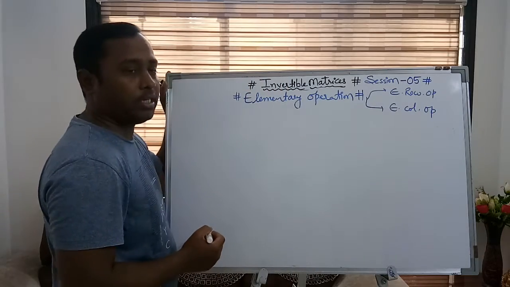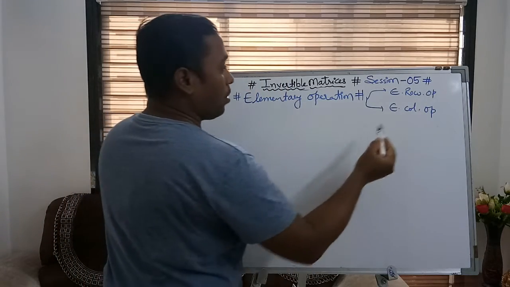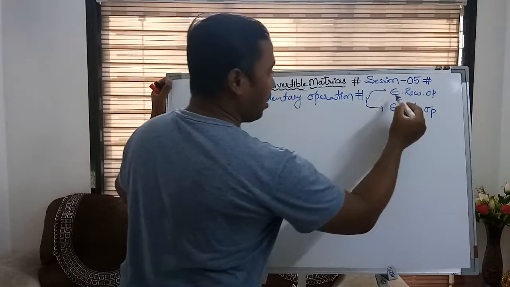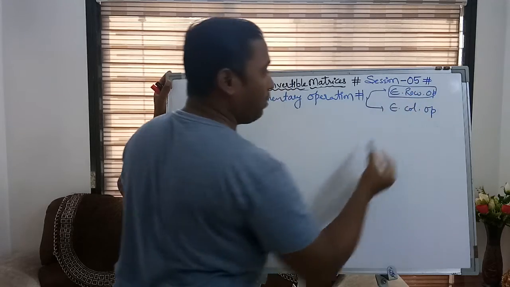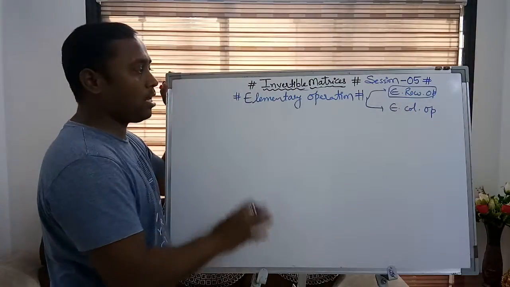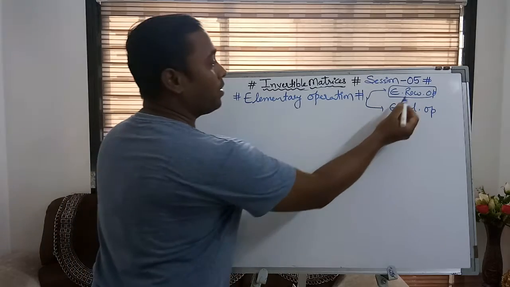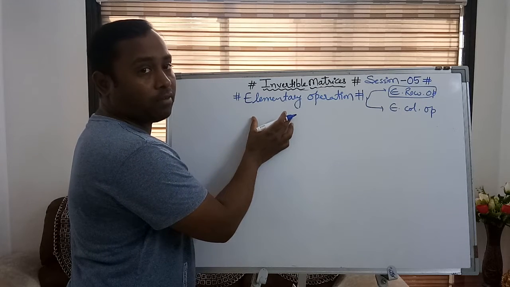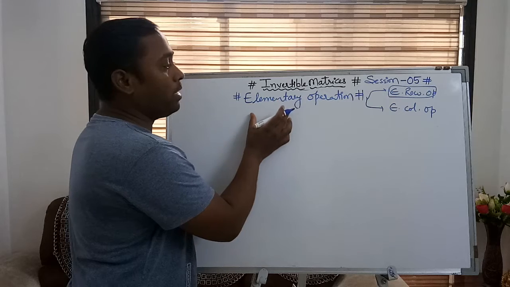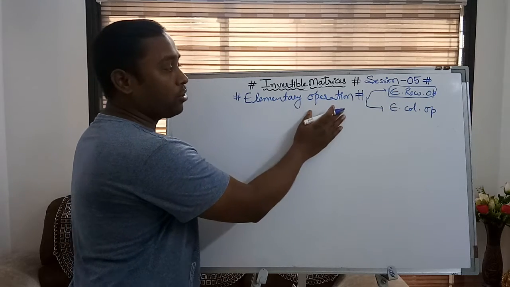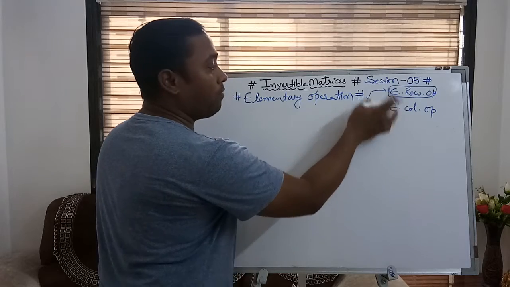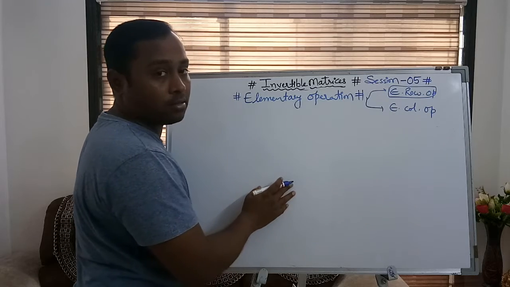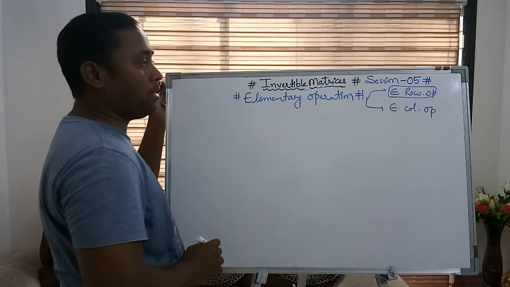Either you go with row operation or with column operation, but here I am sticking to only elementary row operation, because whenever they ask the question, they never mention whether to go with row or column. They simply ask to find the inverse of the given square matrix by using the elementary operation method. Elementary operation doesn't mean only row or only column. We have two options, it all depends on us. So I am taking the row-wise system here. Now let's see what this elementary row operation is.